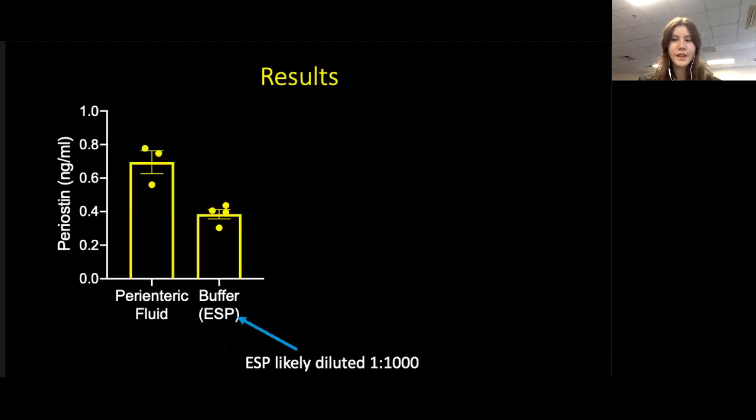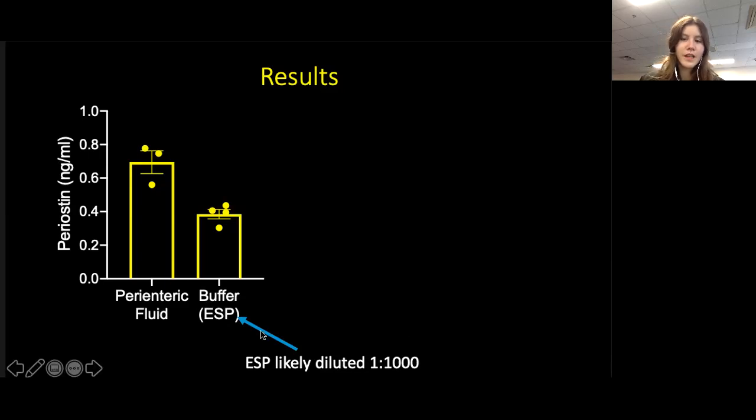What I found when I analyzed the fluids with a periostin ELISA was that both fluids contain a periostin-like protein. Here you can see the left bar is perienteric fluid and the right bar is the buffer containing excretory and secretory products. And this is measuring the amount of periostin. It's important to note that we measured the excretory and secretory products in the buffer containing the worms, so it was probably diluted at least 1 to 1,000.